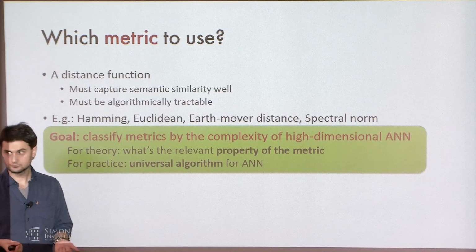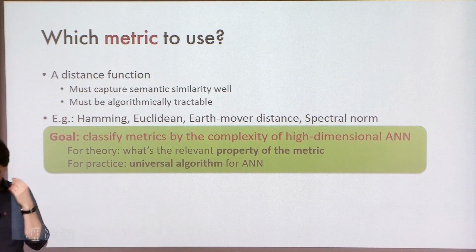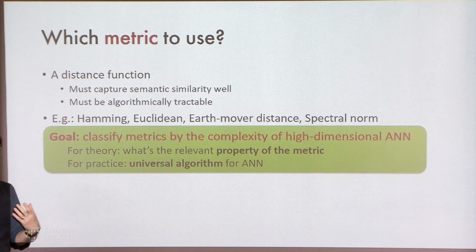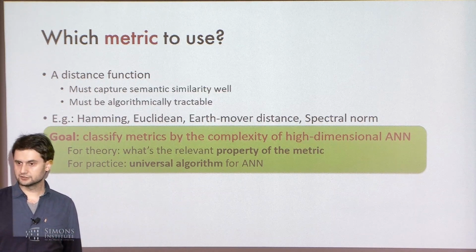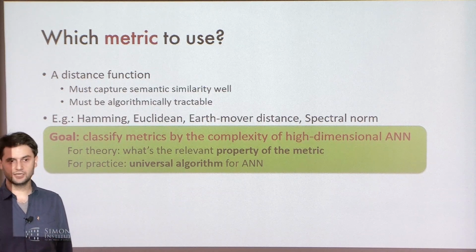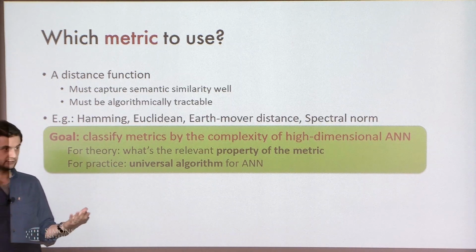And from a practical perspective, the motivation is that if we manage to design a nearest neighbor search that works for a generic metric, maybe the complexity depends on the property of the metric, but the algorithm is more generic and applies to many metrics at the same time, then it must be a kind of universal algorithm for nearest neighbor search that adapts to the metric.